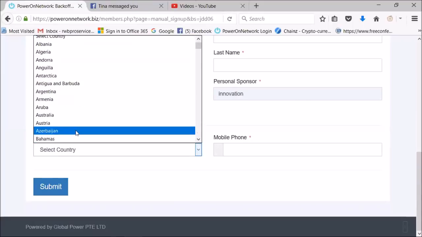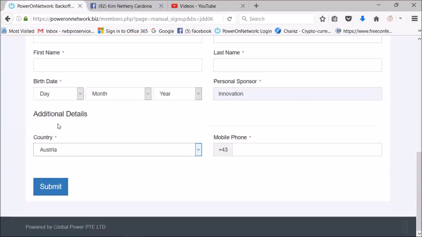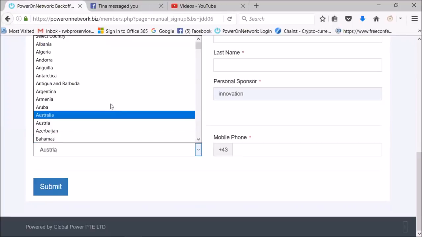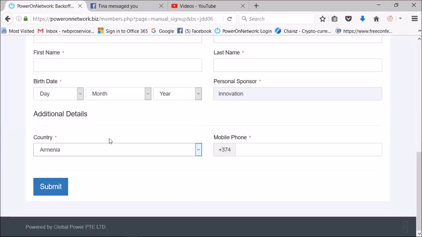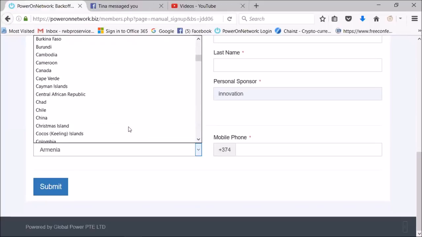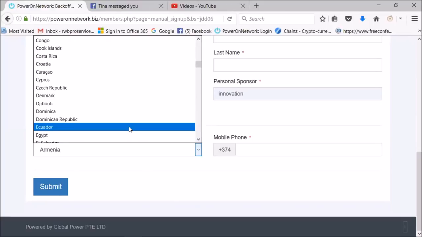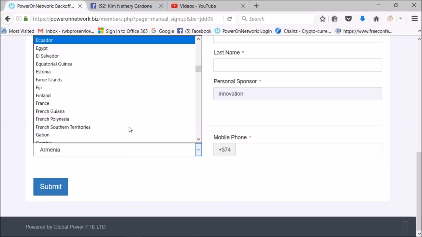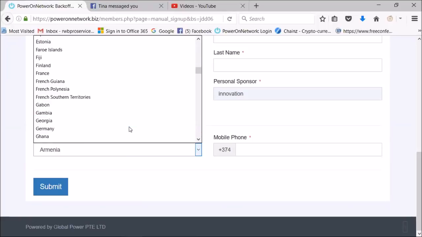Understand, when you pick, we'll just say Austria, it'll automatically switch the number for you here, okay? So for here in the United States or Canada or some of these others, you can see that number will switch. Armenia. And guys, understand that there are over 100 different countries on here. Some of these countries, I don't even know who they are.